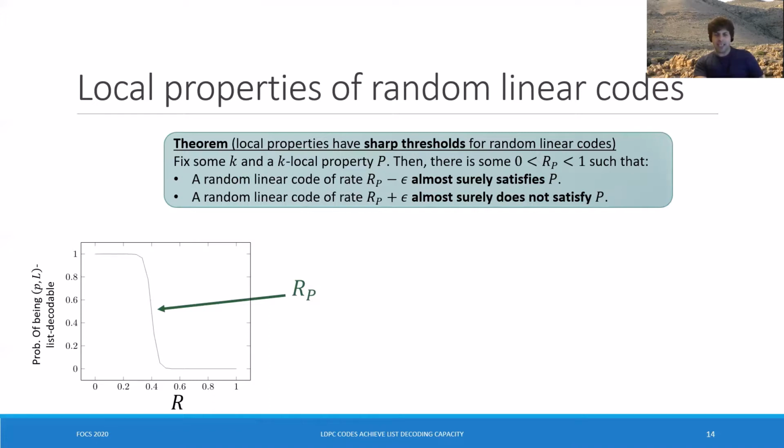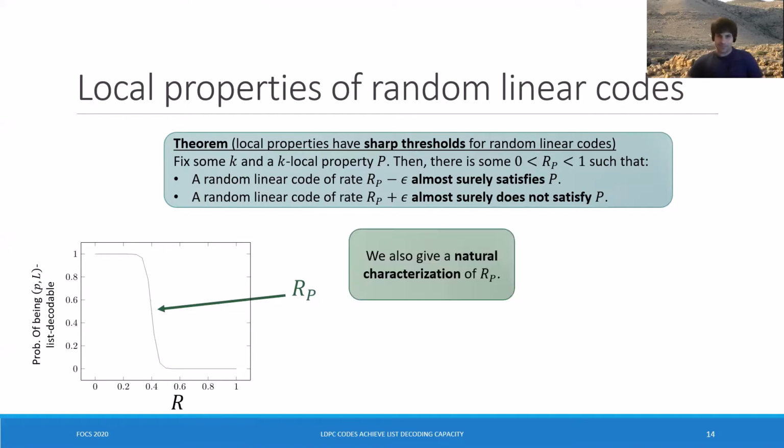And such phenomena are very ubiquitous in other random models, most famously in random graph models, where these are very widely studied. Importantly, besides just showing that a threshold exists, in this theorem we actually characterize the threshold rate R_P in terms of certain expectations.